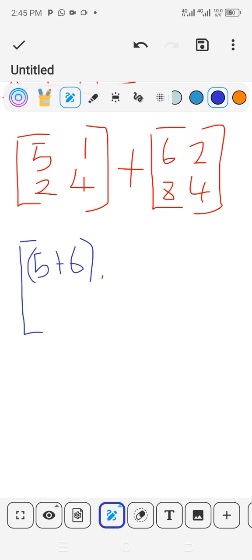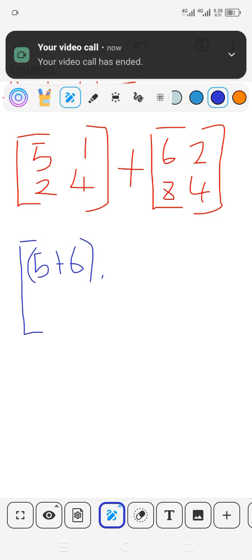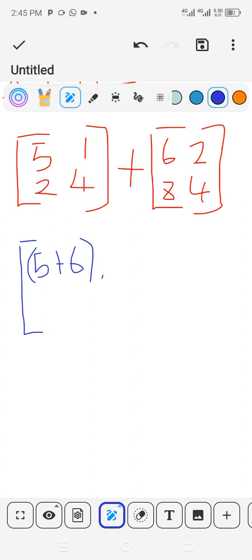Then the next element we have in A is 1. We'll add it to the next element we have in B. That is the column now. We'll have 1 plus 2. So this is what I did in case.